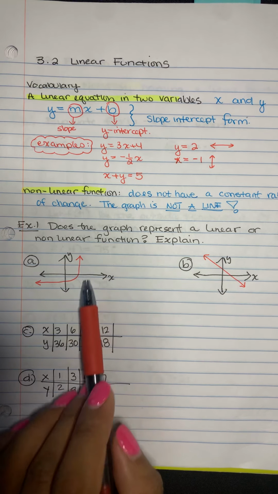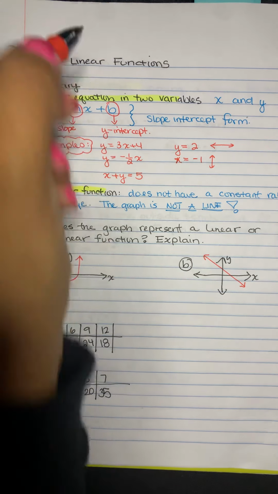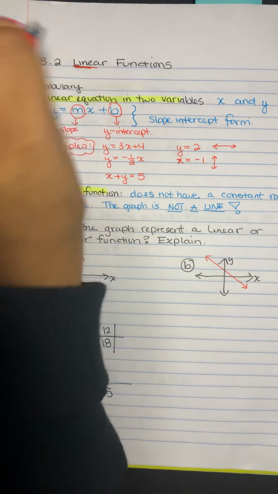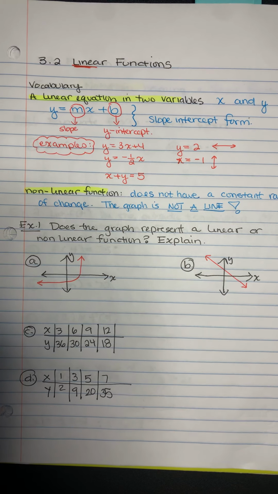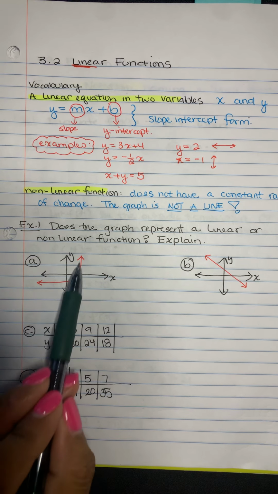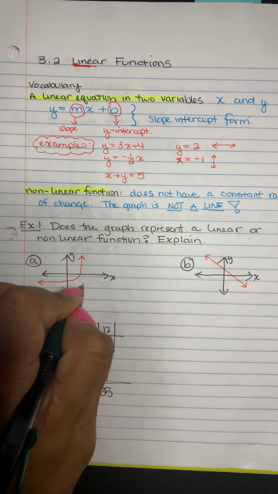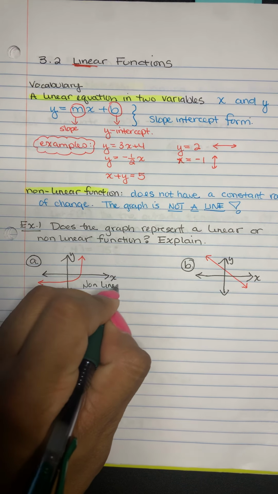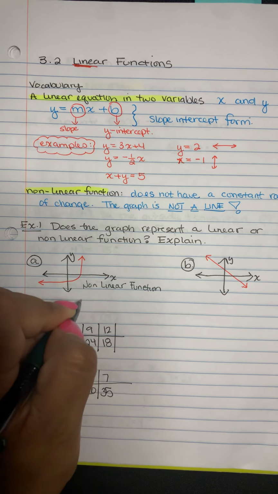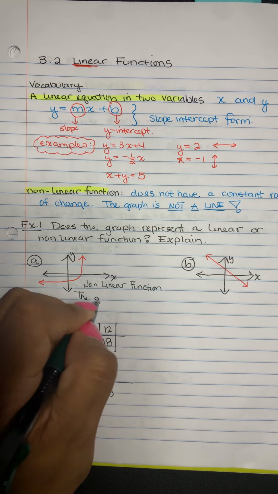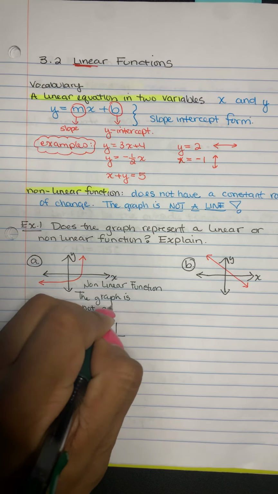So remember, we said linear function. If you look at the word linear, a word comes to mind: line. A linear function is a line. So here we have more of a curved graph. This is an example of a nonlinear function. The graph is not a line.